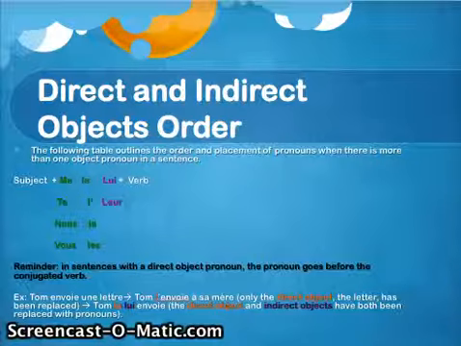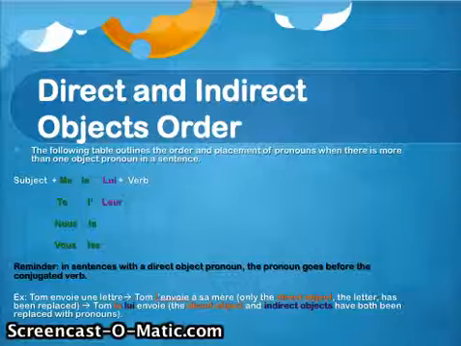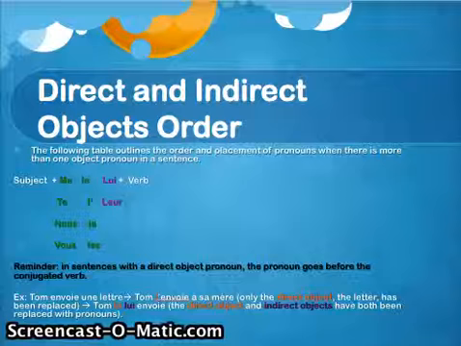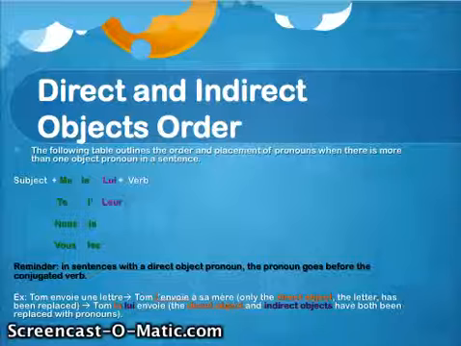Okay, so as you know, we can replace indirect object pronouns, and we also can replace direct object pronouns. So what happens when we replace them both in a sentence? How are we going to place these pronouns according to the rule, and what goes where, and so on and so forth?